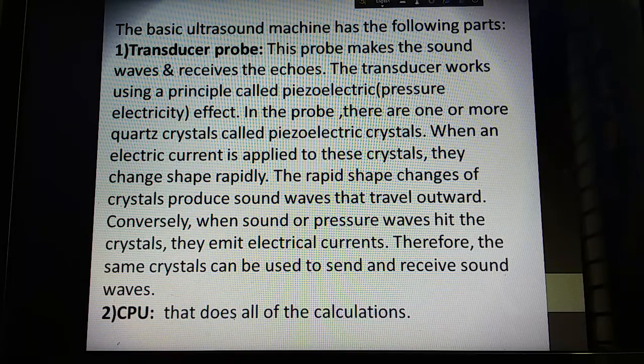The rapid shape changes of crystals produce sound waves that travel outward. Conversely, when sound or pressure waves hit the crystals, they emit electrical currents. Therefore, the same crystals can be used to send and receive sound waves.